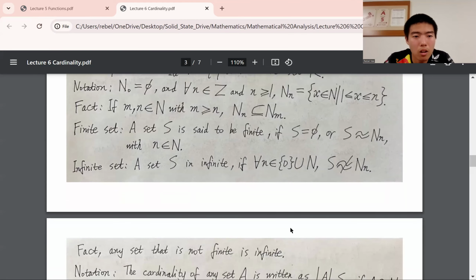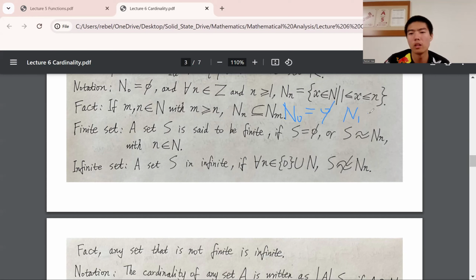And for now, let's introduce some notation. N0 is equal to the empty set. And we denote capital N_n as the set of all elements belonging to the natural numbers that are smaller than or equal to n. For example, N0 can also be defined in this way because it's smaller than or equal to 0, which is impossible, so it's empty.